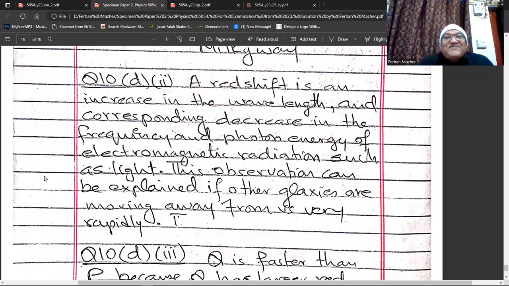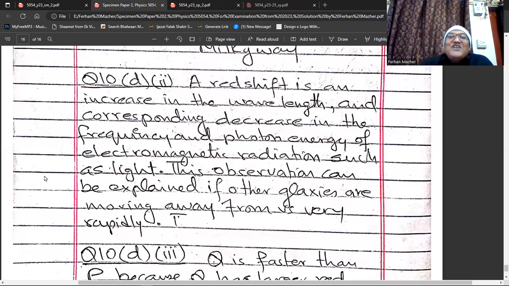A redshift is an increase in the wavelength and corresponding decrease in the frequency and photon energy of electromagnetic radiation, such as light. This observation can be explained if other galaxies are moving away from us very rapidly.